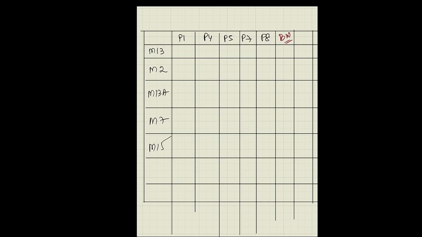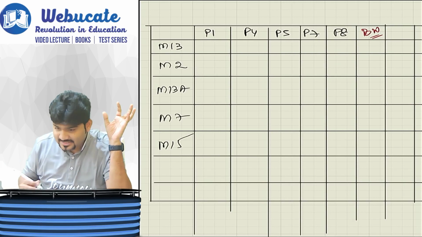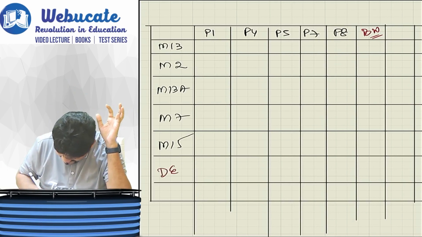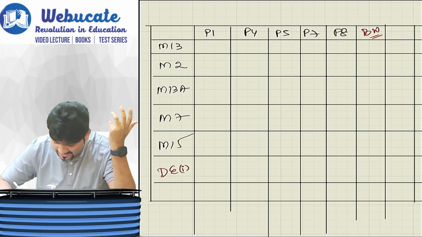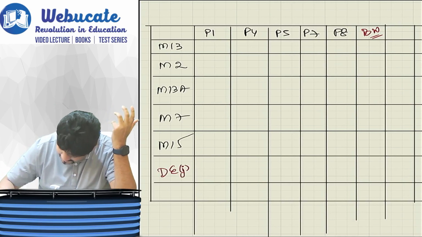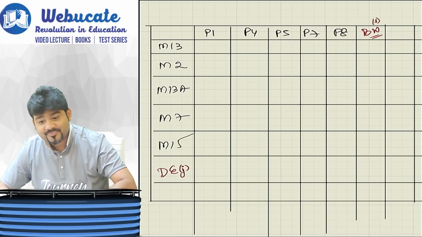And where will your DE go? Decimal equivalent will come here. This is I, this is J. This can be interchanged. Now this will become J and this will become I. That's okay.